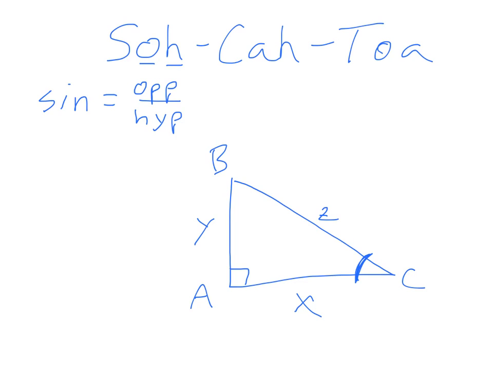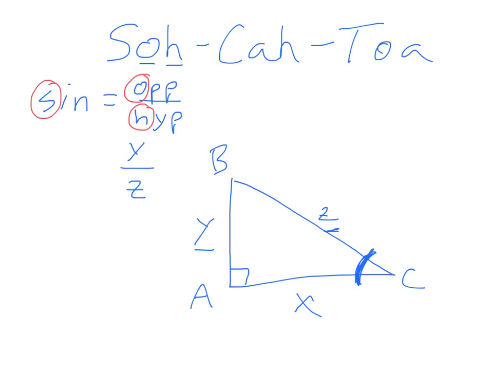So in this case, we're looking at the sine of angle C. Opposite would be Y over hypotenuse, which in this case is Z. So that's the sine ratio of this triangle. That's where we get sine, opposite over hypotenuse, SOH.